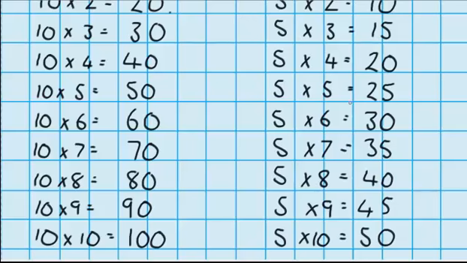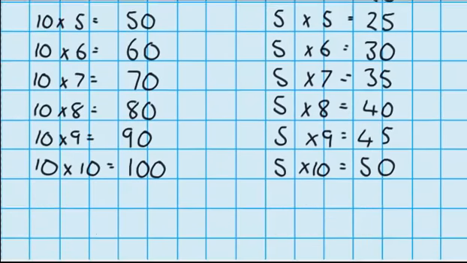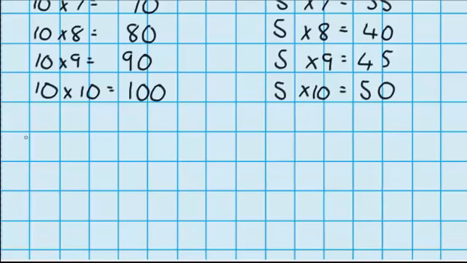Now let's find out why the answers to our 5 times tables are half as big as the answers to our 10 times tables. Well, let's start with this question here. We'll do 10 times 4. And we know from our earlier lessons that 10 times 4 means I need 10 groups with 4 counters in each group.